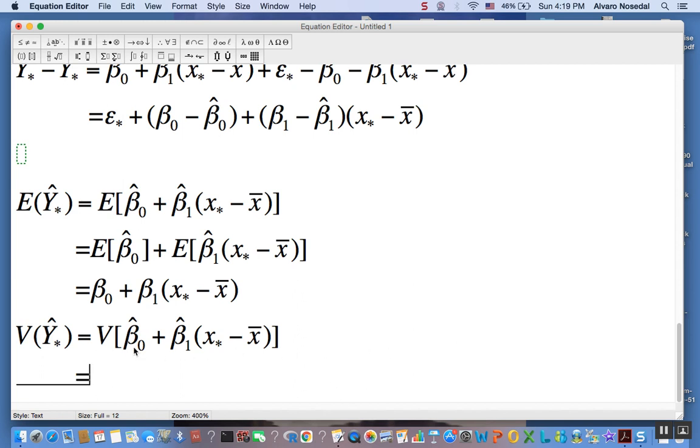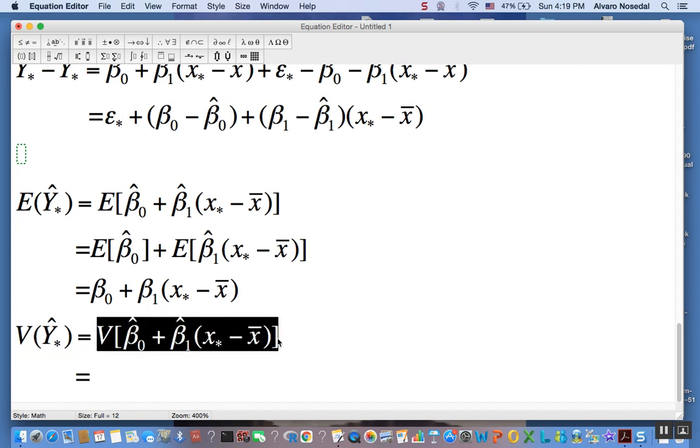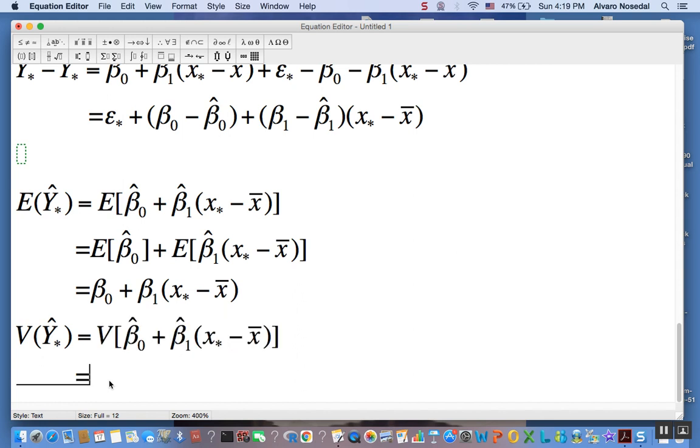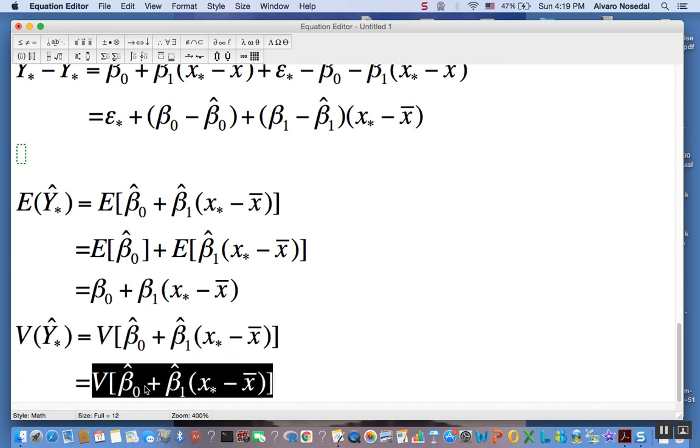But we know that the covariance between beta hat 0 and beta hat 1 for the centered model is 0. So we just have to compute the sum. No need to take into account the covariance term.